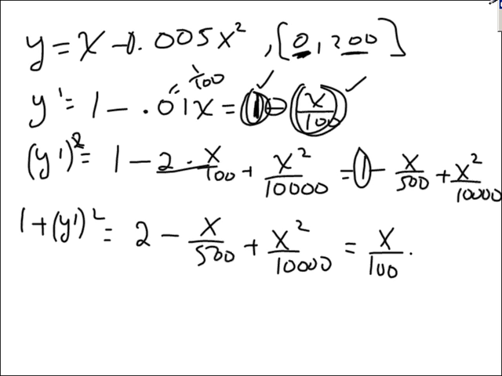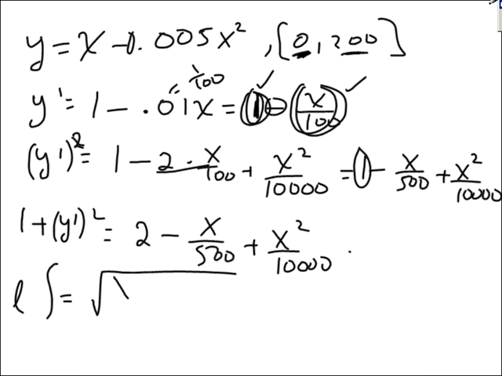Okay, what you're going to have to do here is the following, sorry. So what you're going to have to do here is the arc length L is equal to the square root of, I'll just say the x squared term first.